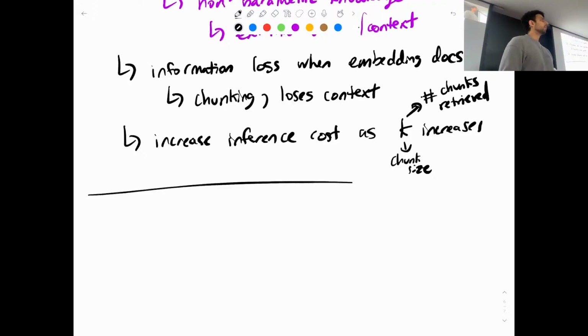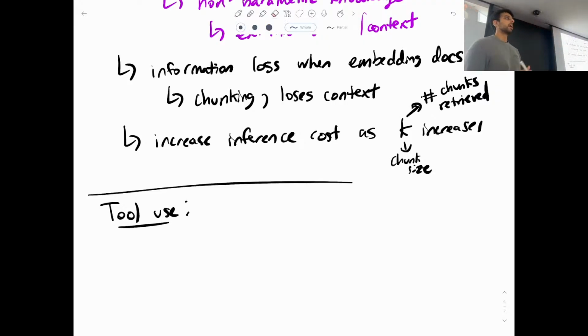All right, so now let's move from retrieval to more general tool use. So this concept of tool use kind of emerged a year or two after RAG was developed, and it kind of generalizes this notion of an LLM interacting with the environment somehow.